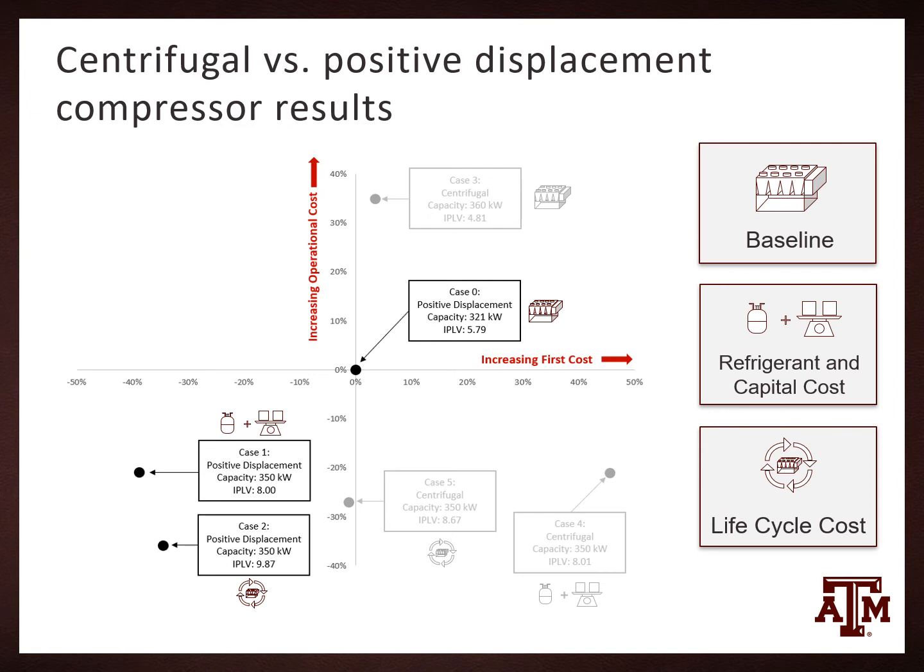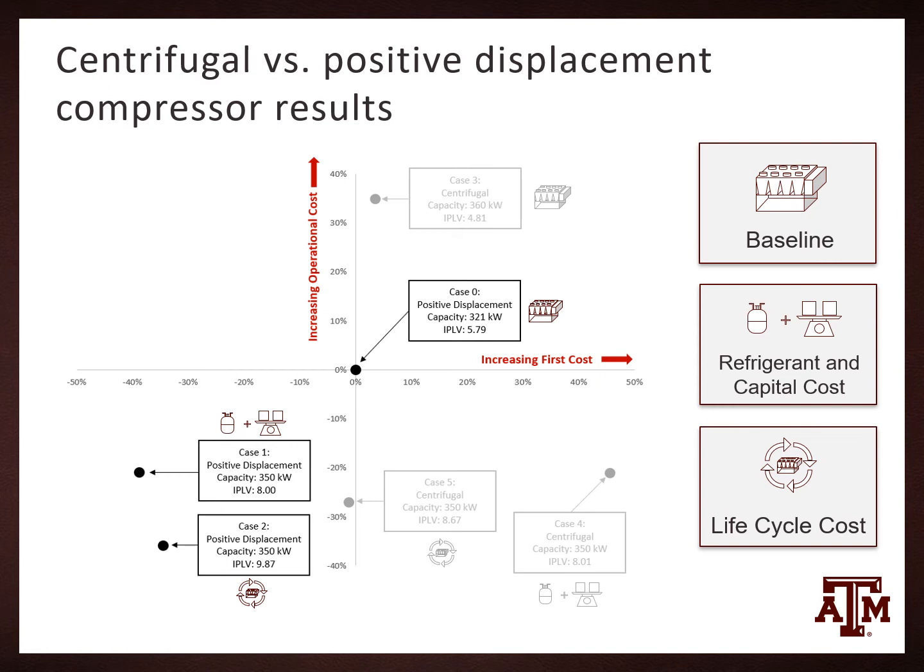Here are the results of the three case studies for each of the compressor types. All the cases were plotted in comparison to the baseline positive displacement compressor case, case 0, where the system ran as it is without any geometry optimization. Case 1, positive displacement compressor configuration, was able to meet the capacity and the IPLV requirements while decreasing both the first and the operational cost.